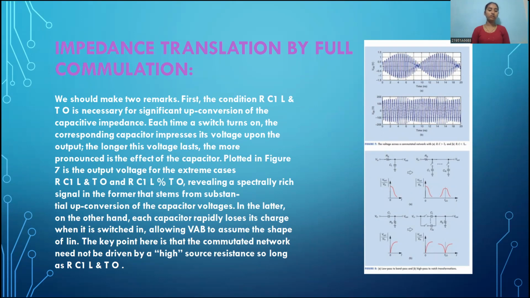In the latter case, on the other hand, each capacitor rapidly loses its charge when it is switched in, allowing VAB to assume the shape of Iin. The key point here is that the commutated network need not be driven by a high source resistance as large as R C1 much greater than TLO.